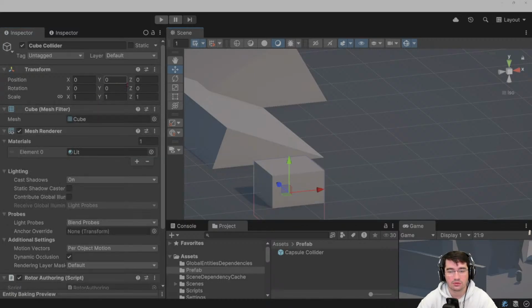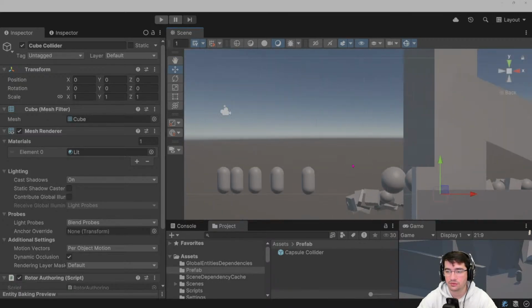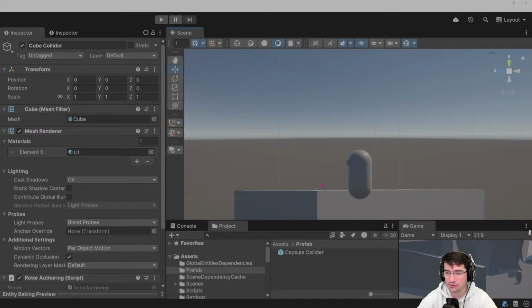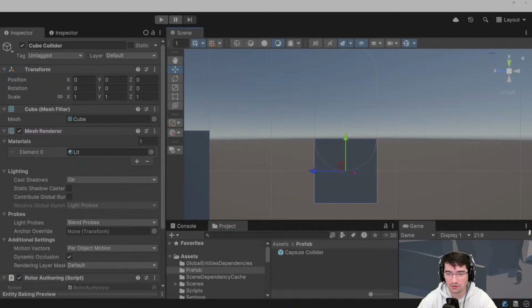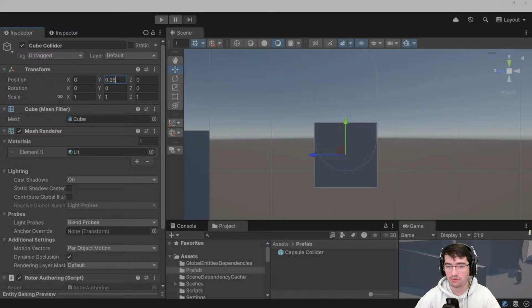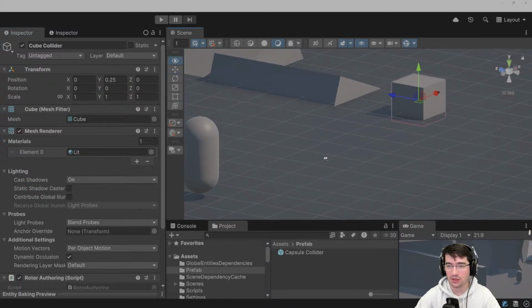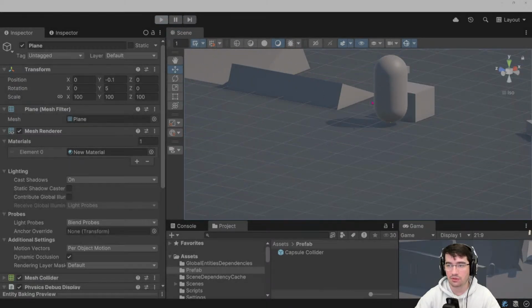So normally this one, okay, so if it's 1 in height and I move it up by 0.25, it should be 0.75, and I should barely be able to step over, so I'm not able to step over.